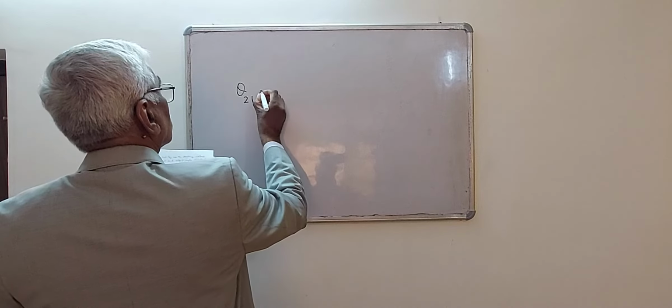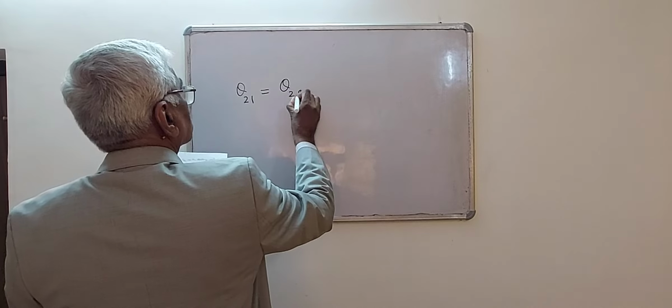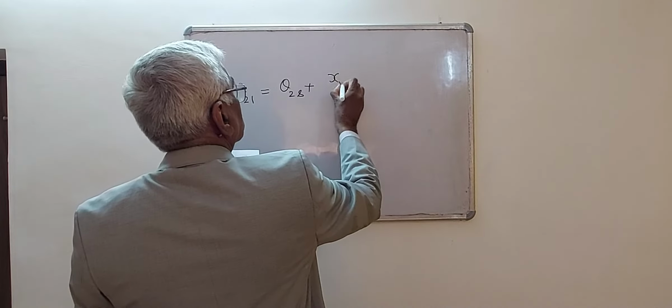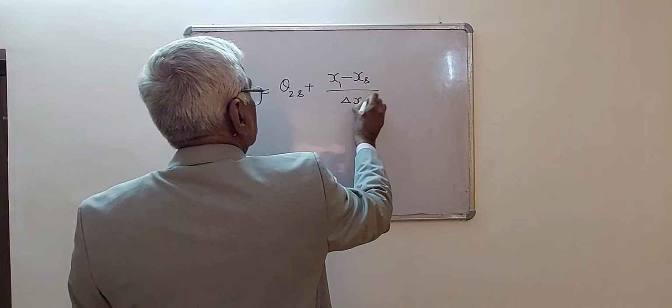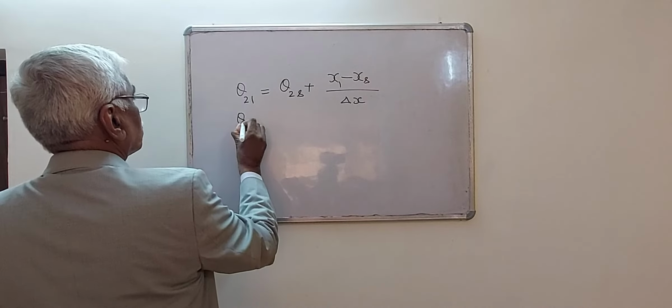Theta 21 is equal to theta 2s plus delta theta 2 into x1 minus xs divided by delta x. That is the formula. Theta 21 we have to find out.